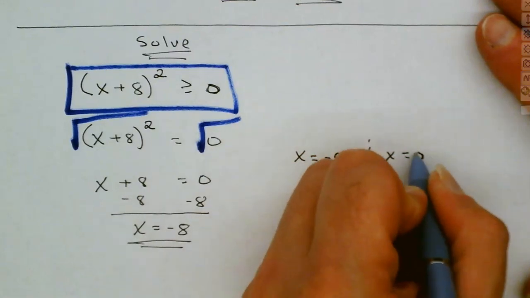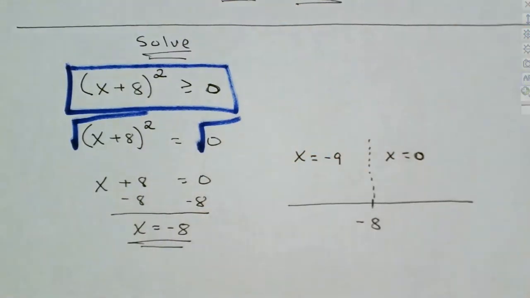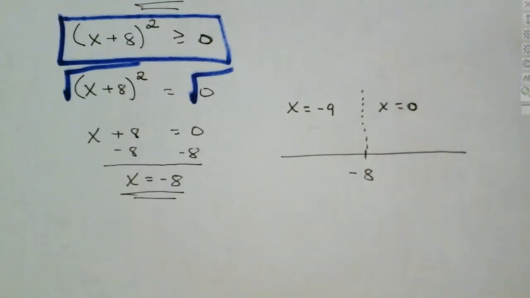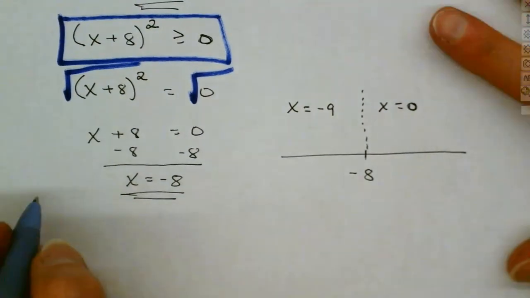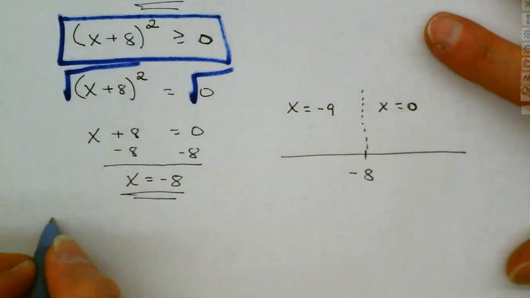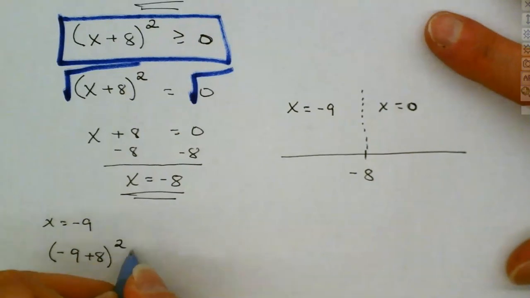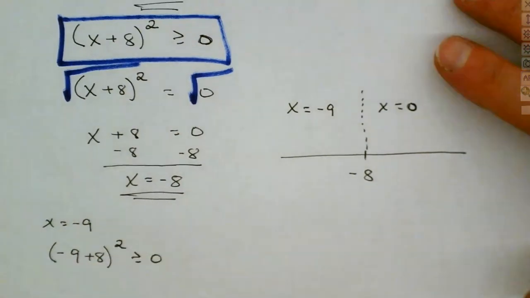You can use any numbers that you want, as long as one is smaller and one is larger. And we're going to check and we're going to see what happens. So we're going to check the negative 9. And we've got minus 9 plus 8, quantity squared, is greater than or equal to 0.